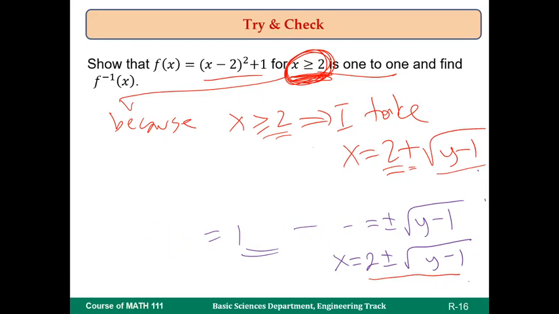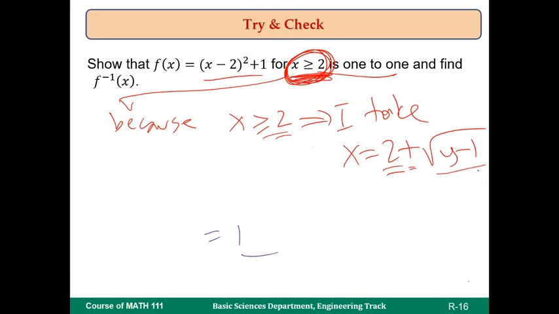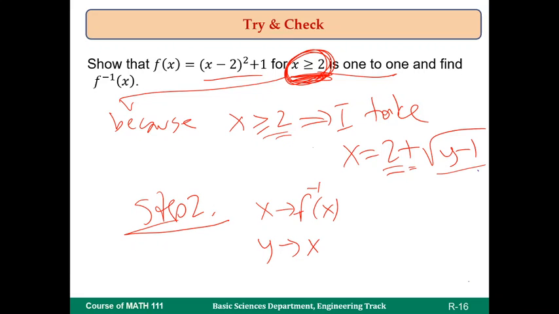And then the next thing is step 2: now we solve it, and now change x with f inverse of x, then y with x, simultaneously. And we have f inverse of x equal to 2 plus square root of x minus 1.